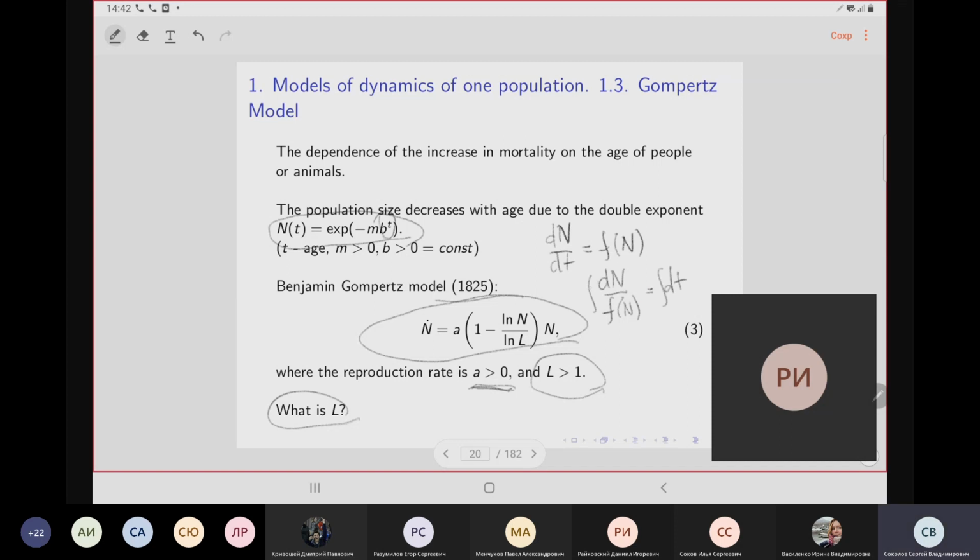So we get some integral on the left-hand side and t plus c on the right-hand side. So in this case, dn divided by n times (a minus logarithm L) is the integral of dt, like this.